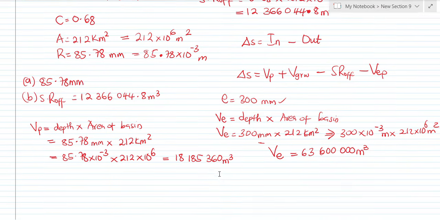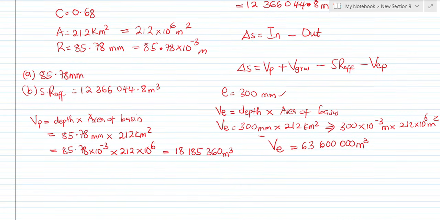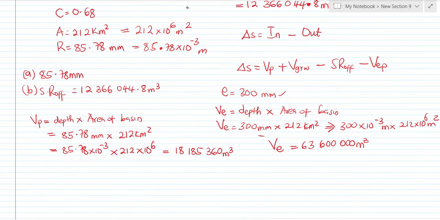Then the next thing left is the groundwater. They gave us the discharge of groundwater to be 10 meter cube per second, but we need the volume of our groundwater. So volume of groundwater is equal to discharge times the time, right?